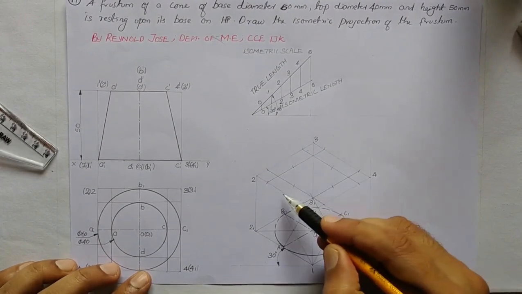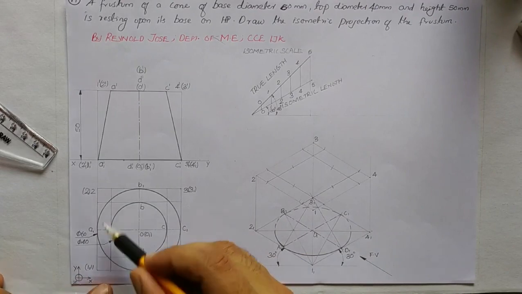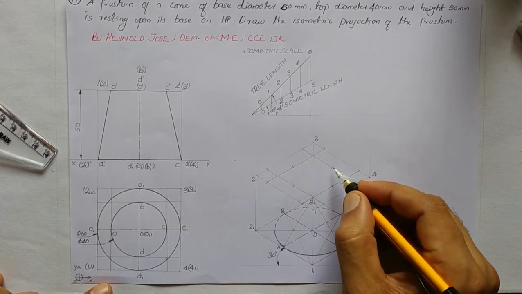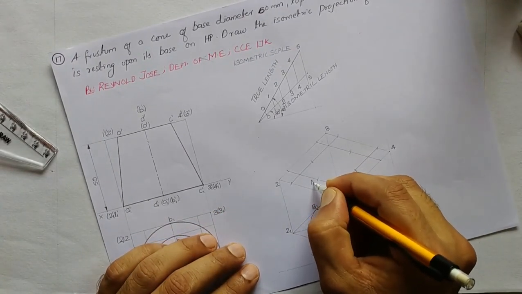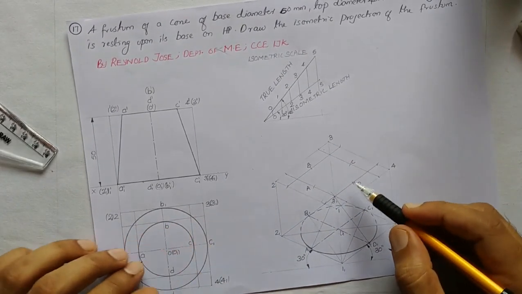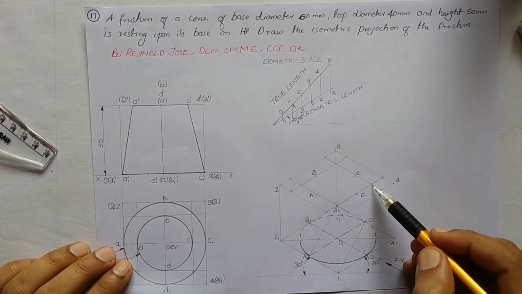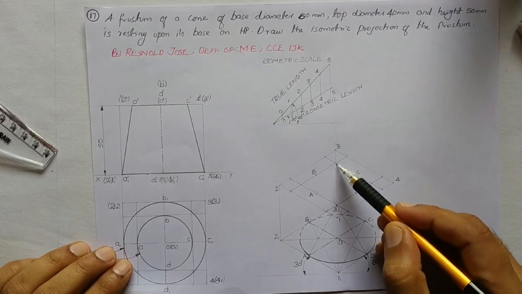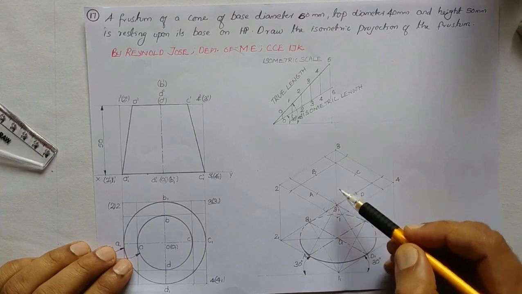So these 4 points will be A, B, C, D. So along 1, 2, this is 1, 2 side, this point will be A, this will be B, this will be C and this will be D. Now we shall use the 4 center method. So please remember that here we are having a smaller square, and these two are the opposite corners which are closer.